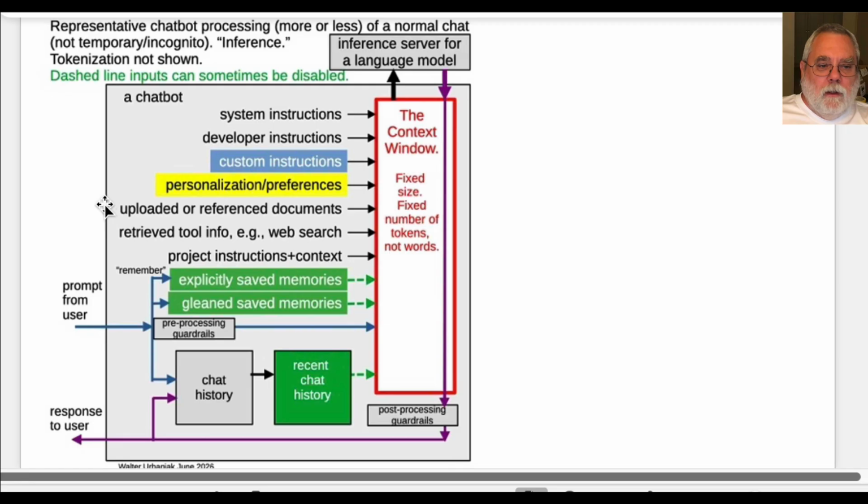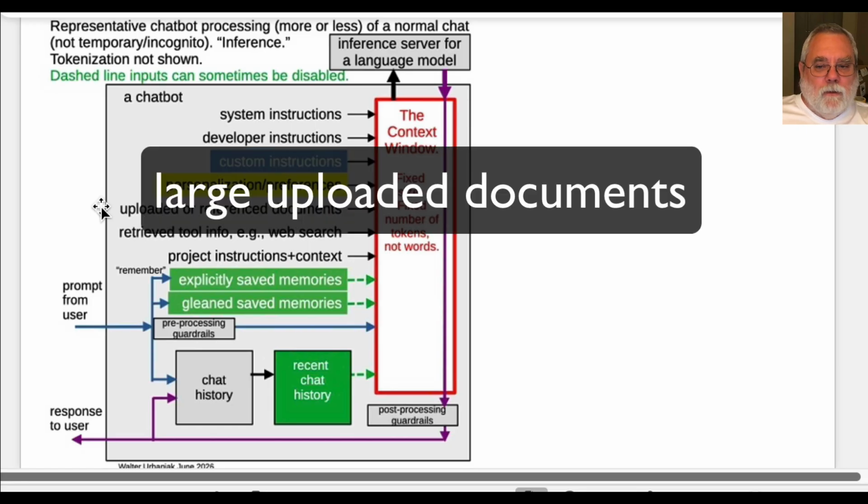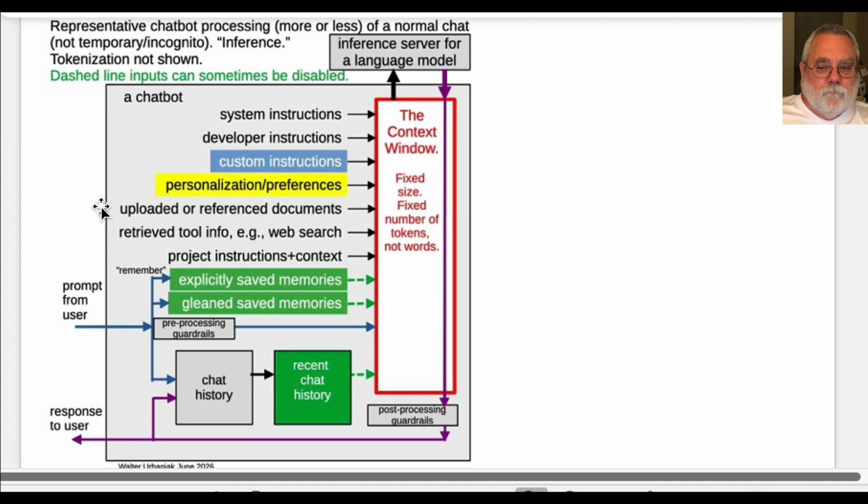If your prompt uploaded a document containing text or referenced a document you had previously uploaded, for example in a project, the document text will get included in the context window. Large uploaded documents don't necessarily mean the entire document is present in the context window at all times.